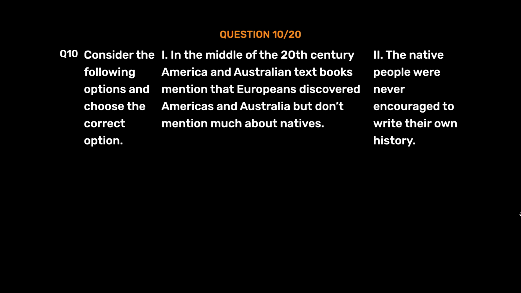Question number 10. Consider the following options and choose the correct option. 1. In the middle of the 20th century, American and Australian textbooks mention that Europeans discovered the Americas and Australia but don't mention much about natives. 2. The native people were never encouraged to write their own history. Option A, only 1 is correct.